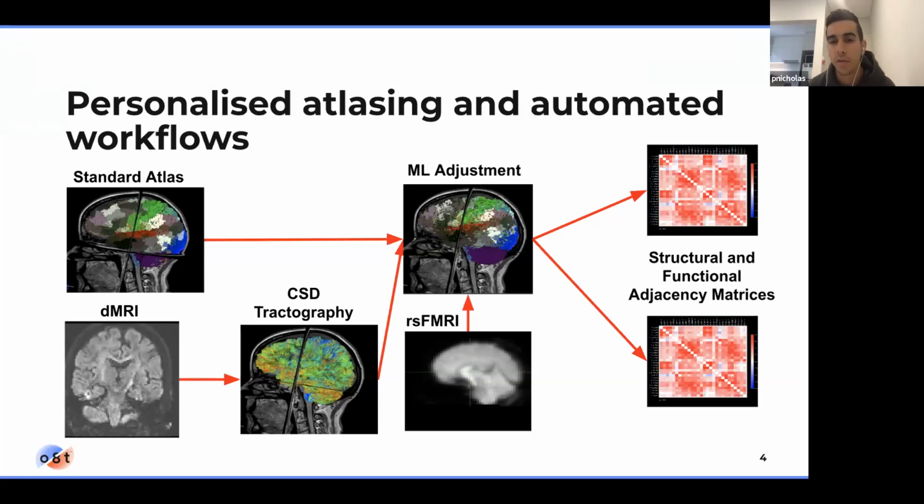Then the combination of that parcellation scheme with resting state fMRI enables us to generate structural and functional adjacency matrices, or connectomes rather, that are more accurate than a traditional 3D registration of atlas. We do a lot of work with people with tumors and cavities who have had tumors resected. And so this methodology allows us to work with deformities like that.